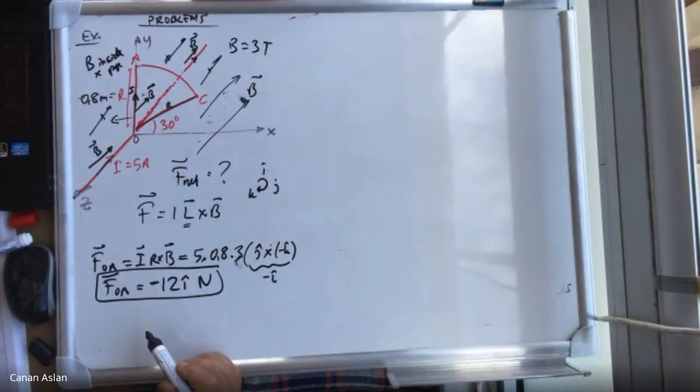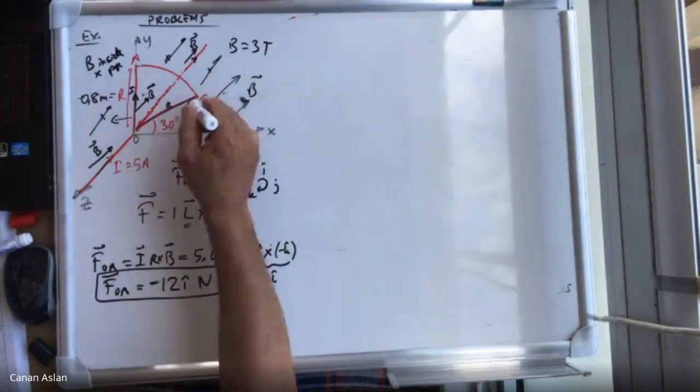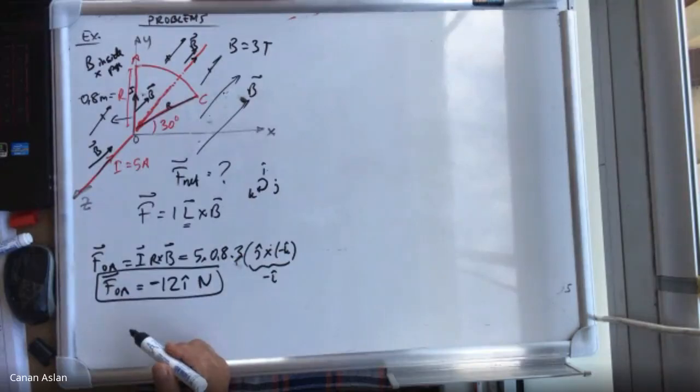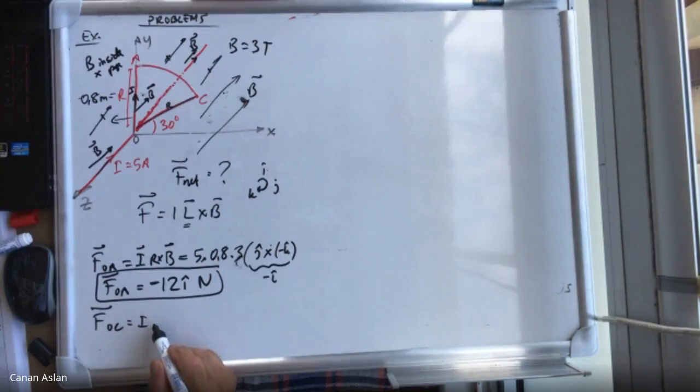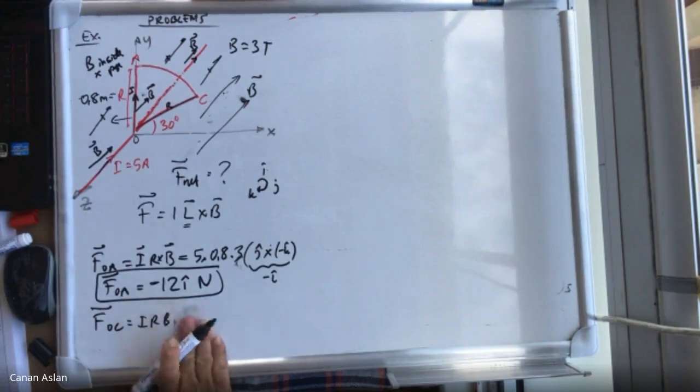Now what about OC? Similar. For OC, we have ILB, but it's again I times RB, which is 12, but this should be multiplied by sine and cosine.